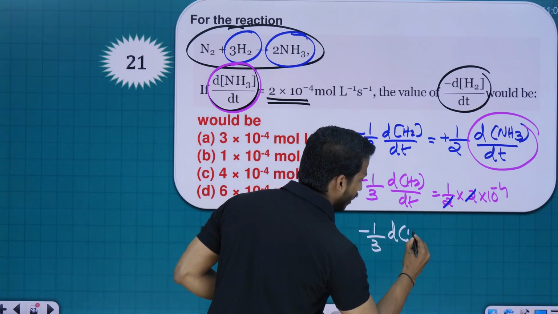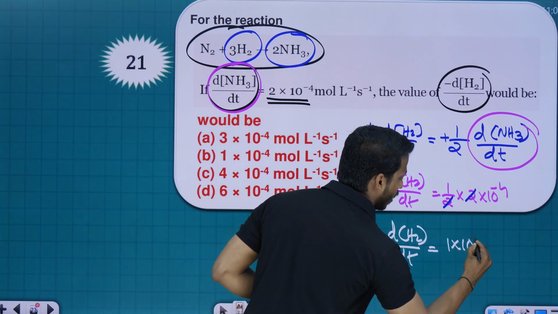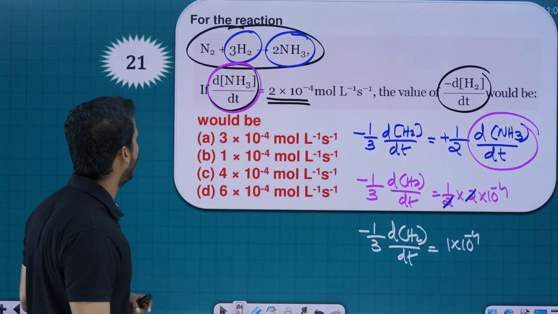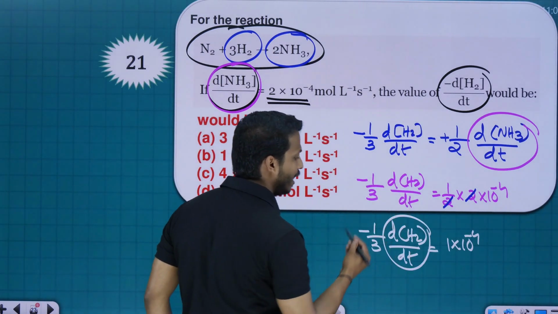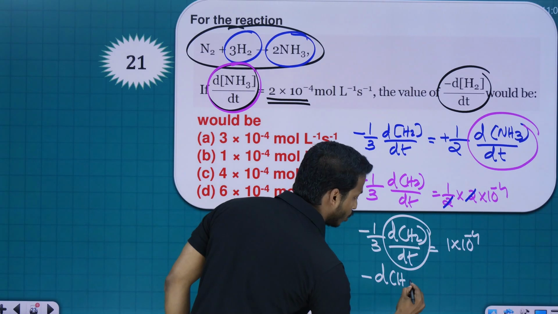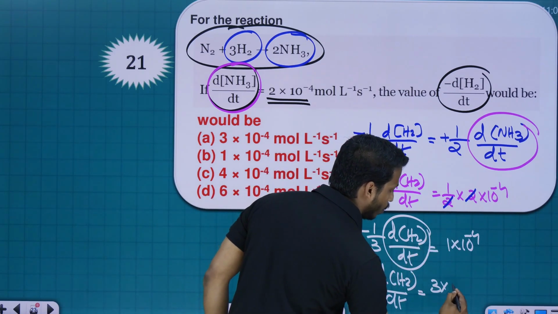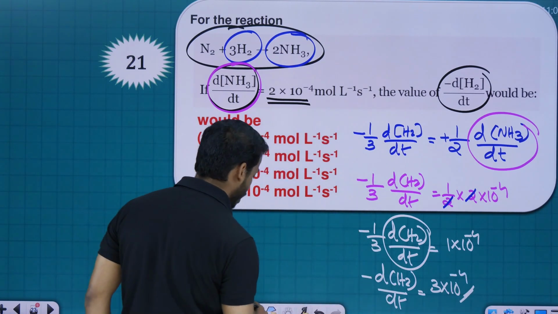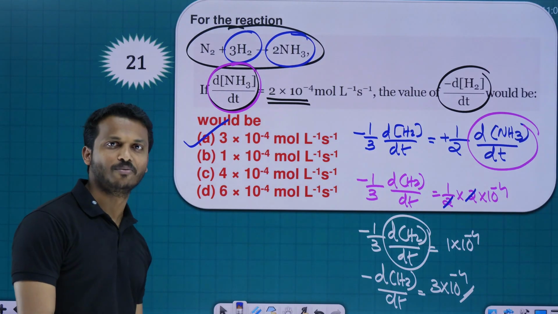Minus 1 by 3 dH2 divided by dt equal to 1 into 10 raised to minus 4. Is it correct? So the question: what is the value of minus dH2 by dt? It is 3 into 10 raised to minus 4 mole liter inverse second inverse.